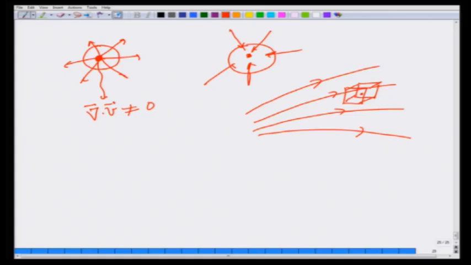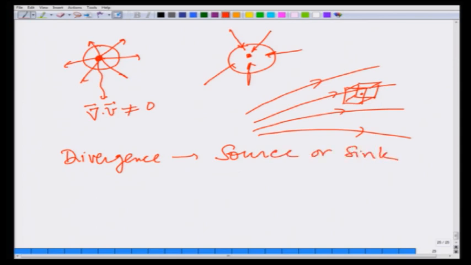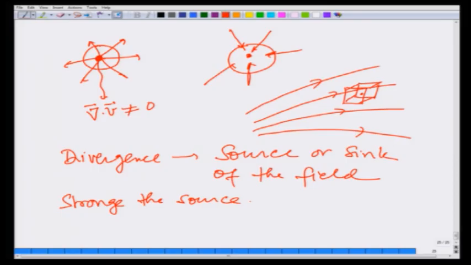So, I hope this gives you a picture of what divergence is, and divergence immediately you can see is related to source or sink of the field, and stronger the source, which also includes the sink, which is negative source, stronger the source, more the flow.